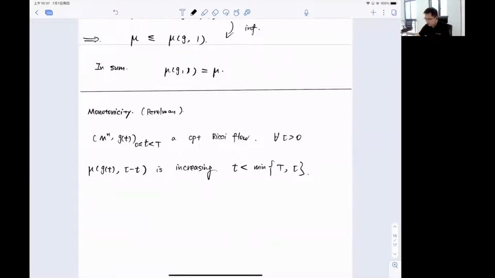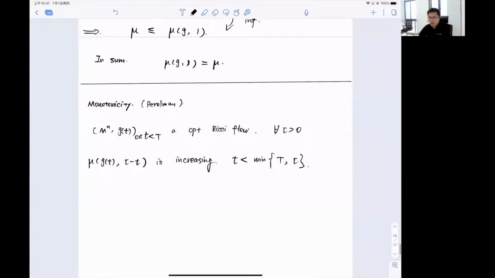So here the t must be less than tau because we try to make the scaling factor tau minus t positive. So that means up to some scaling, the mu of g(t) is always increasing along the Ricci flow.